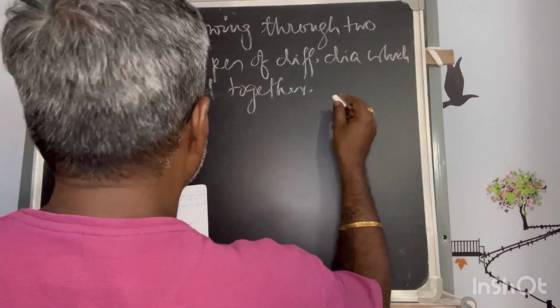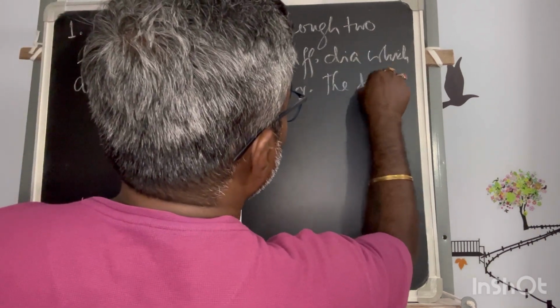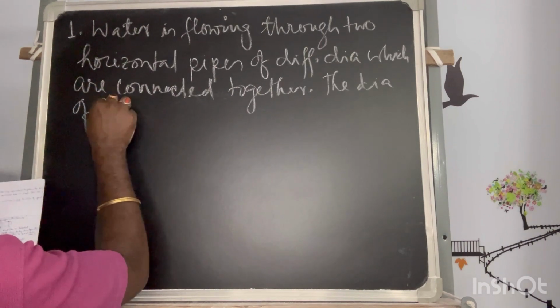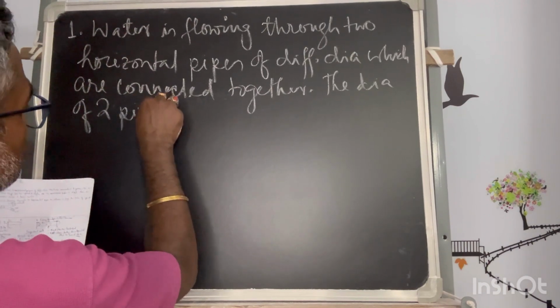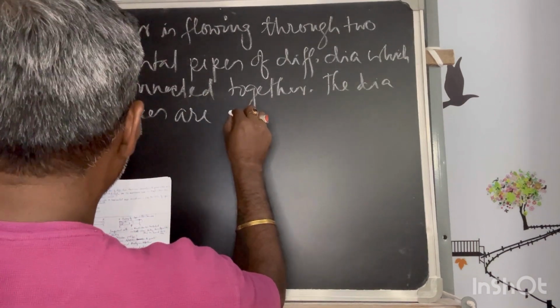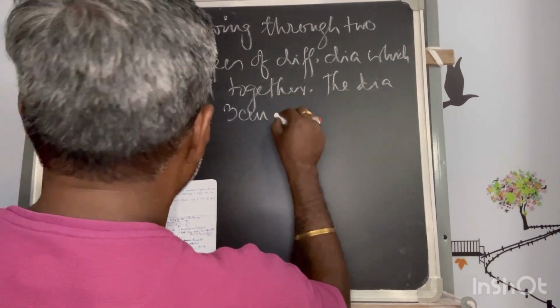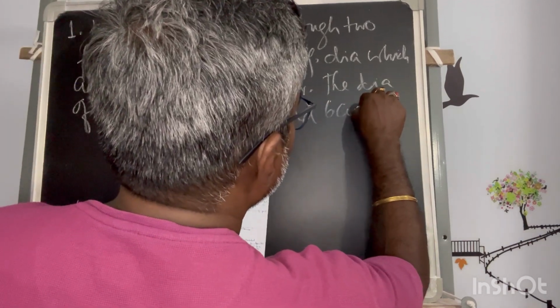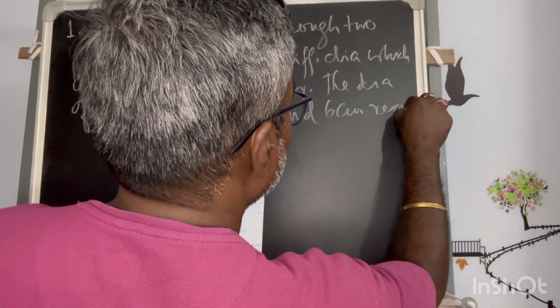The diameters of the two pipes are 3 centimeter and 6 centimeter respectively.